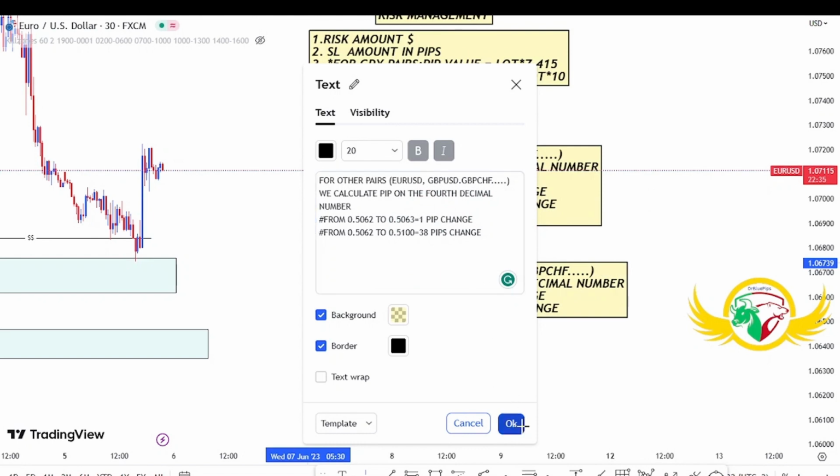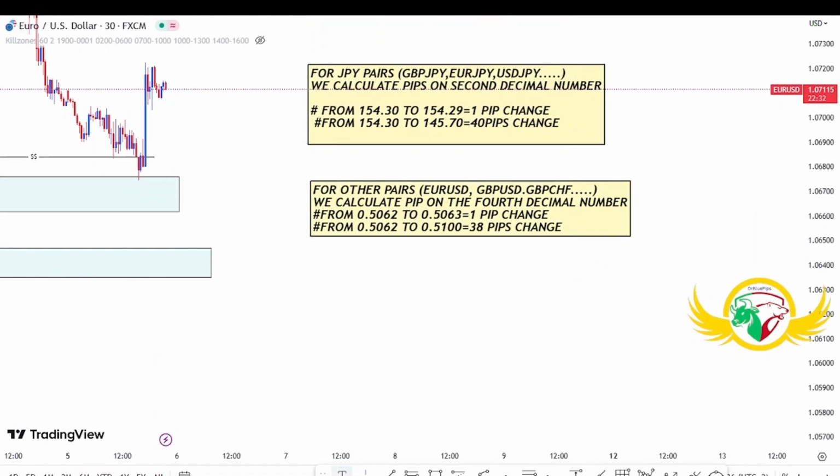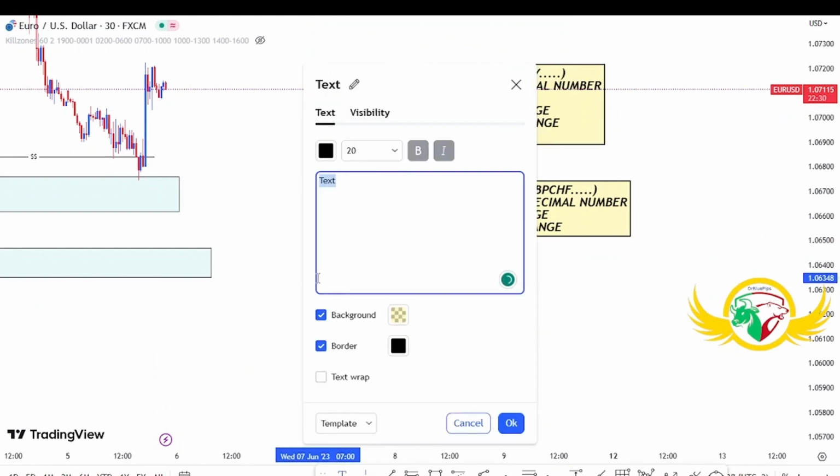on different pairs. For gold, it is also different.